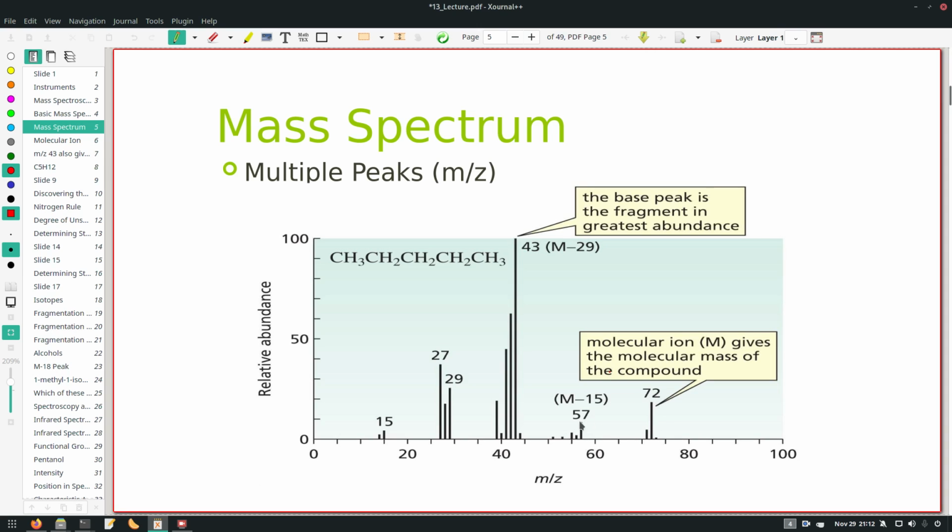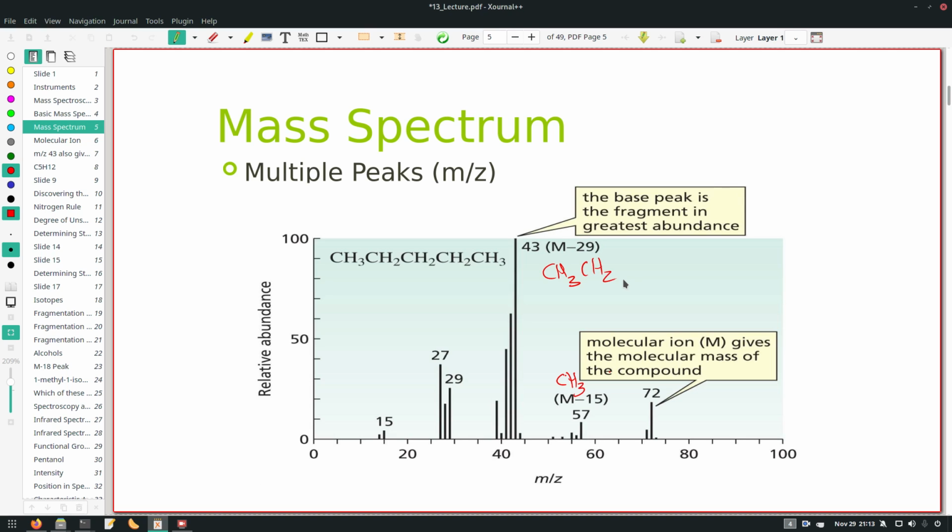That loss of 15 is a very common thing, and then a loss of 29 is common. Really, 15 is a CH3, and M-29 is a CH3CH2, which is why alkanes typically have very predictable behavior, because they're breaking off carbons and hydrogens.